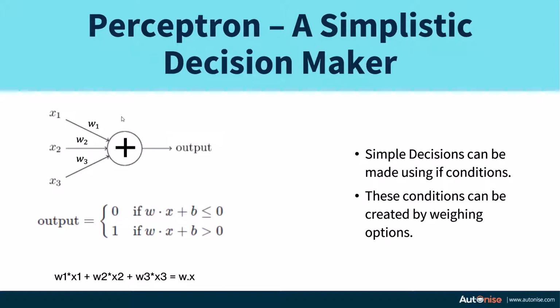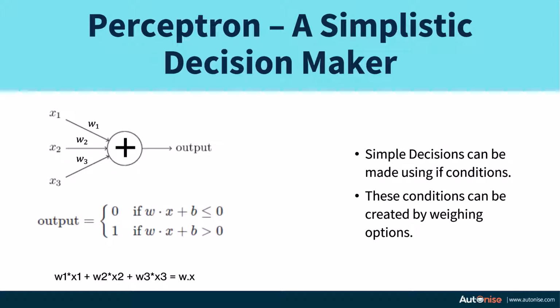We have a thresholding function over here. We add all of these weighted terms, we threshold it, and based upon the threshold value, we generate an output 1 or 0.